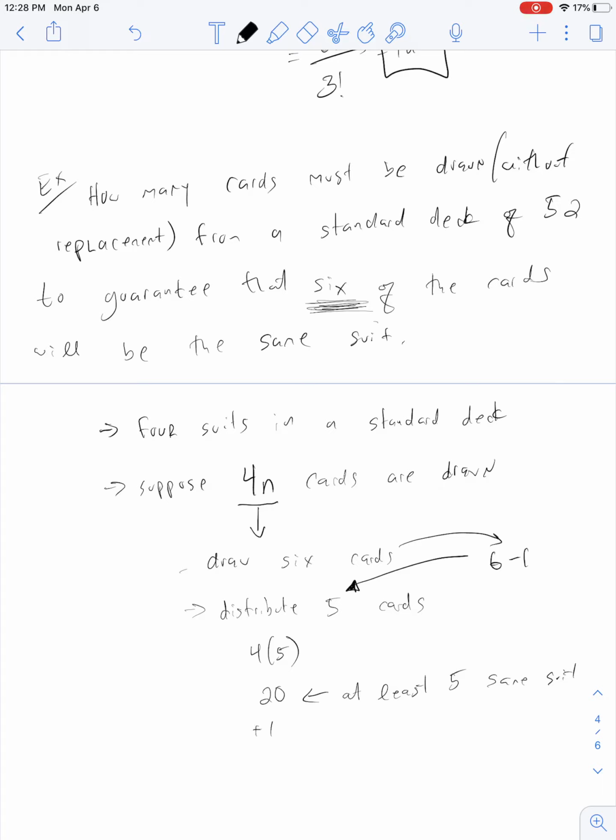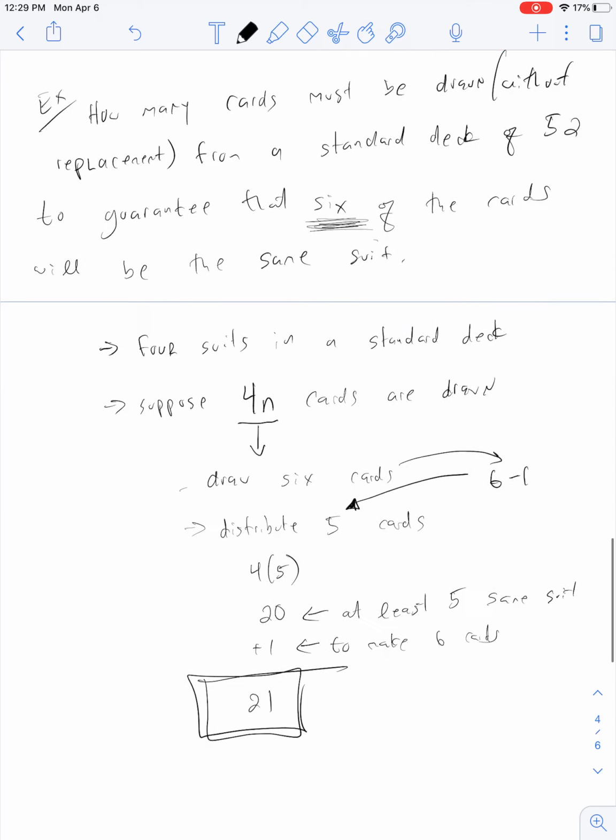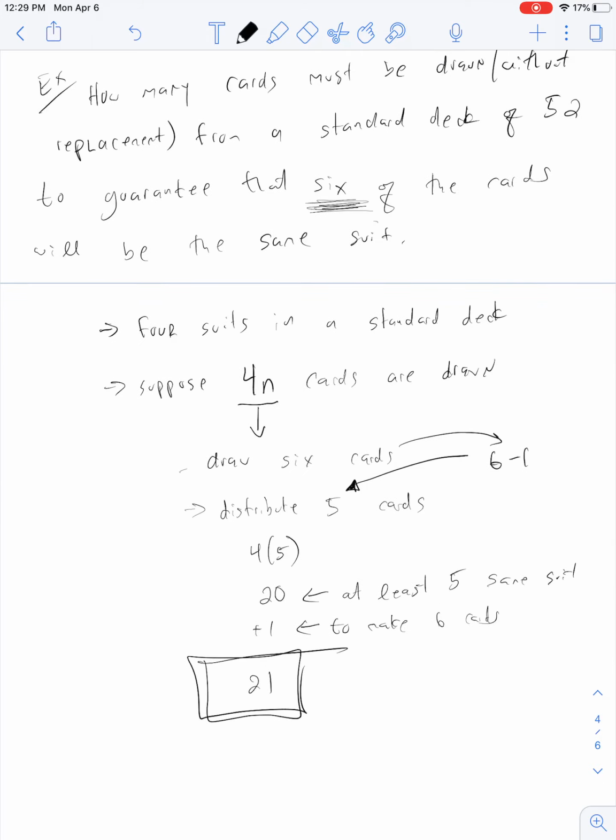So all you have to do is just add 1 more card. Which means 21 cards must be handed out in order to get 6 to be the same suit. So this example is a nice one, one that I definitely encourage you to practice a little bit. Okay.